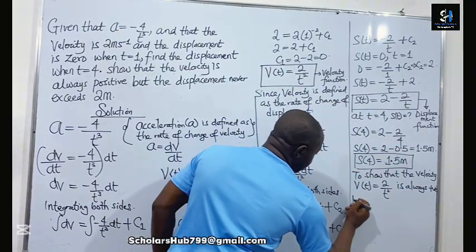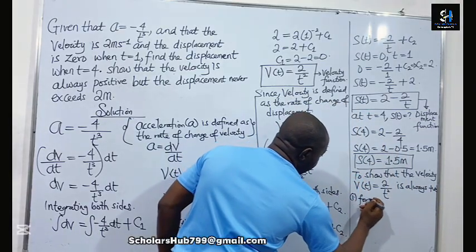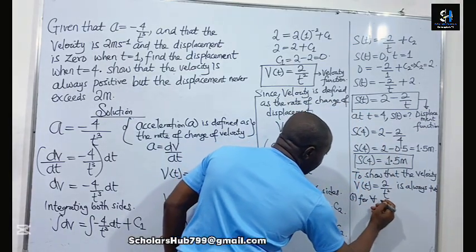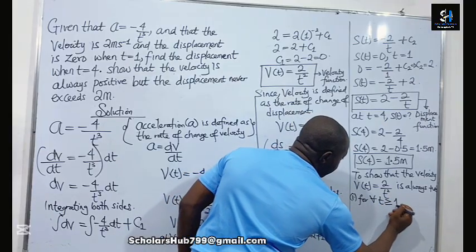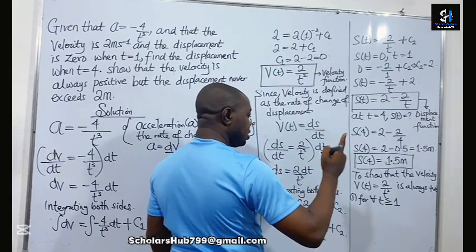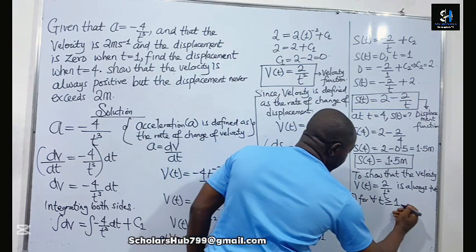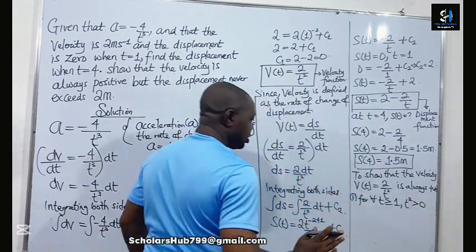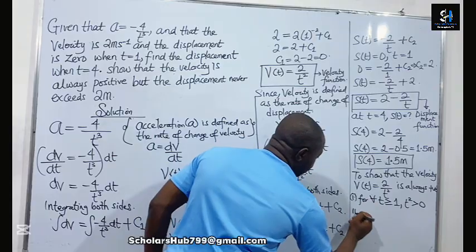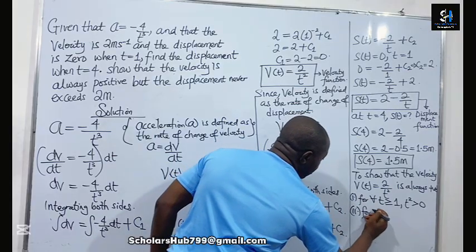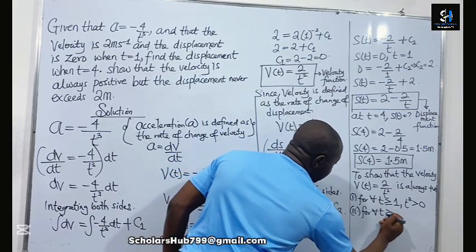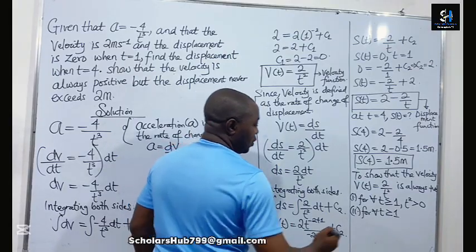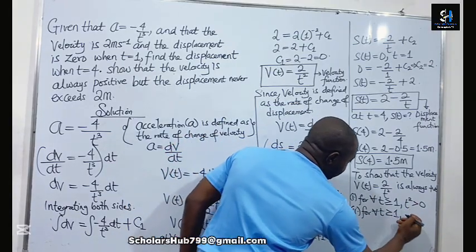That is because, reason number one, for all t greater than or equal to 1, t squared will be greater than 0. That's it. Then Roman numeral 2.